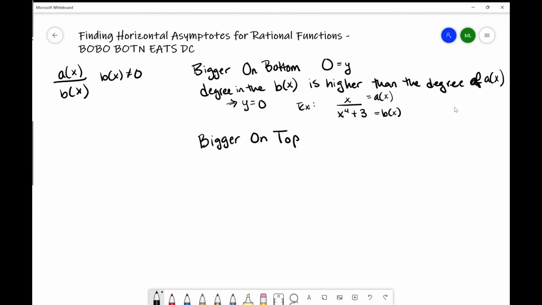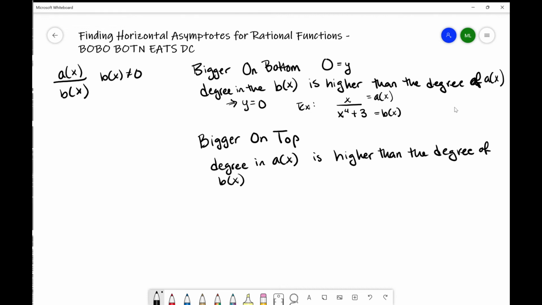So basically, if the degree in a of x is now flipped, higher than the degree of b of x, well, the N means that you have no horizontal asymptote. Then we have no horizontal asymptote. That's why there's an N, right?